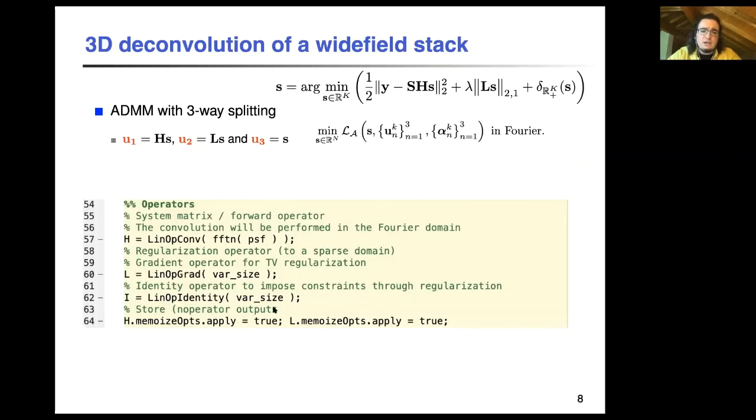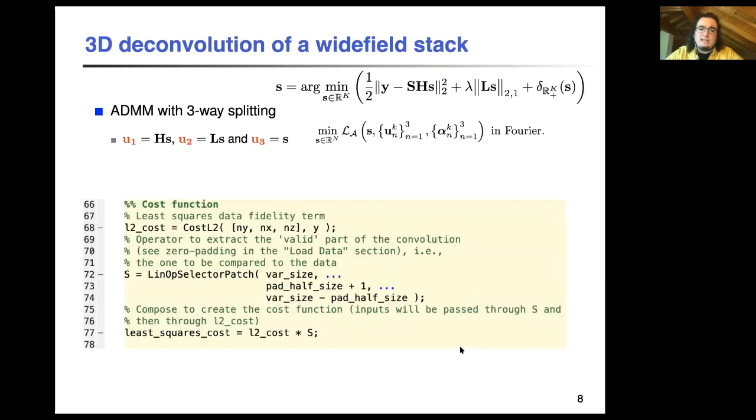And here is one of the options you can give to the code, which is to memorize the outputs of the operators, which, depending on what you're using, is more or less efficient. Every time one of these operators is applied, its result is stored, so that if it is called with the same input, it doesn't need to recompute the output, but simply gives whatever it has stored in memory.